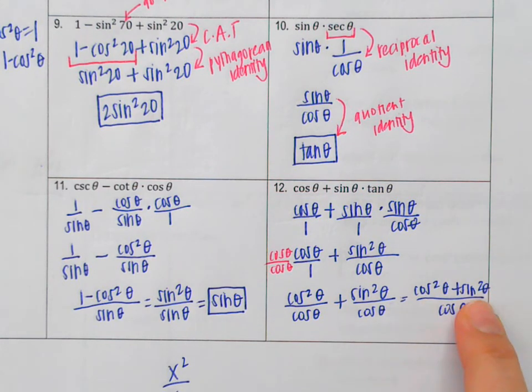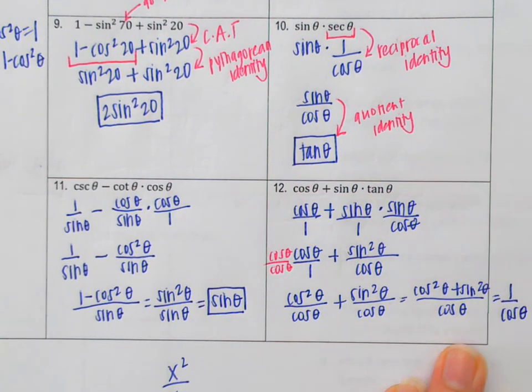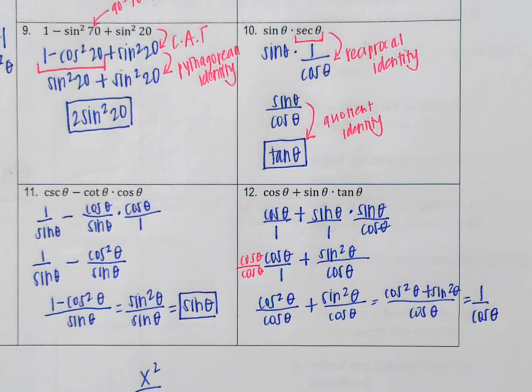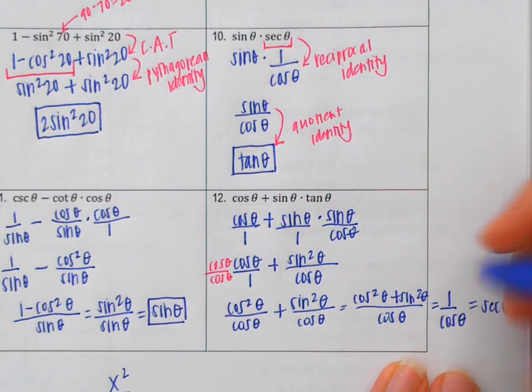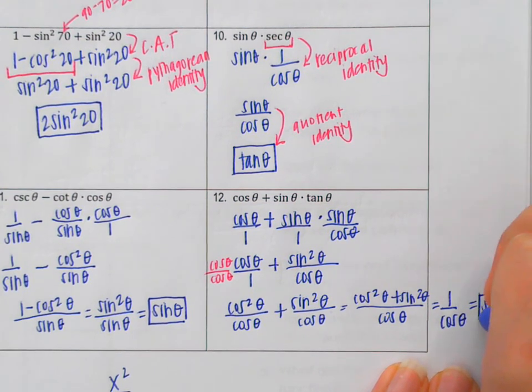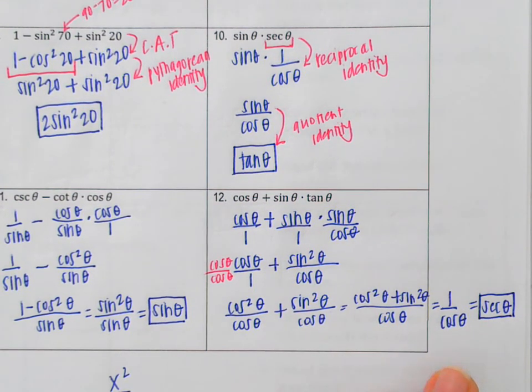Cosine squared theta plus sine squared theta is also equal to 1, so we have 1 over cosine. And what do we know that 1 over cosine is the same as? Secant theta. So that whole thing simplifies to be secant theta. And that is your final answer.